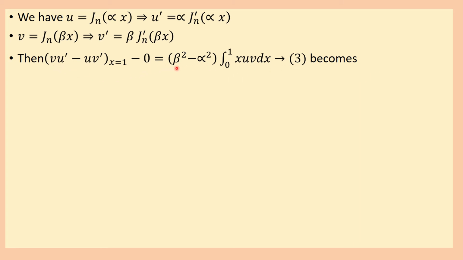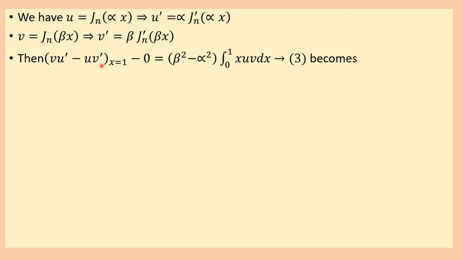Here, in place of v we substitute Jn of beta x. In place of u' we substitute alpha into Jn' of alpha x, minus, in place of u we substitute Jn of alpha x, and in place of v' we substitute beta into Jn' of beta x.